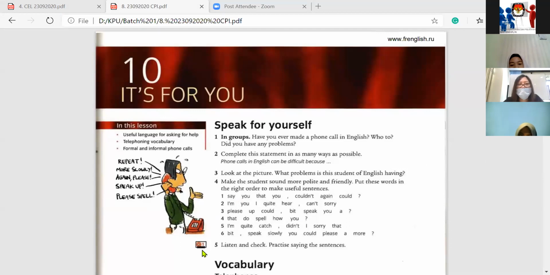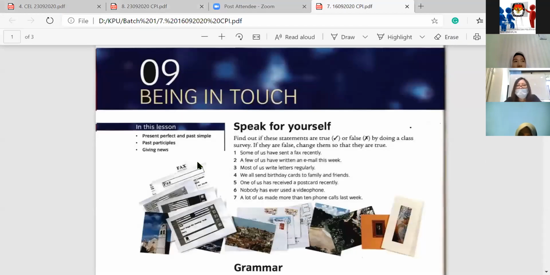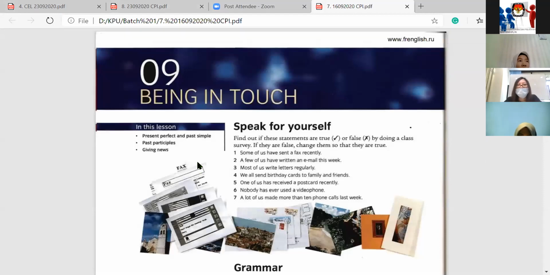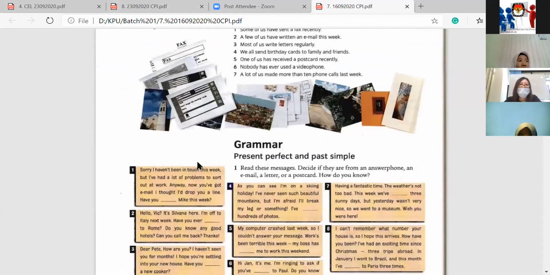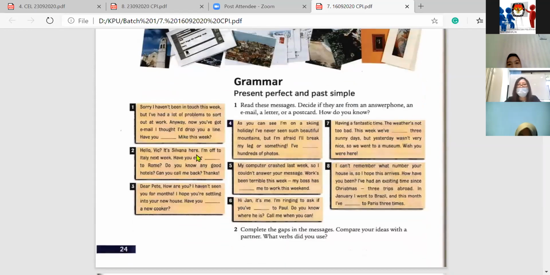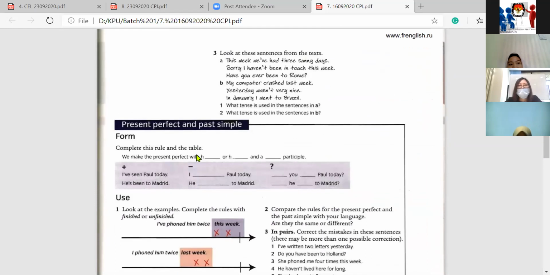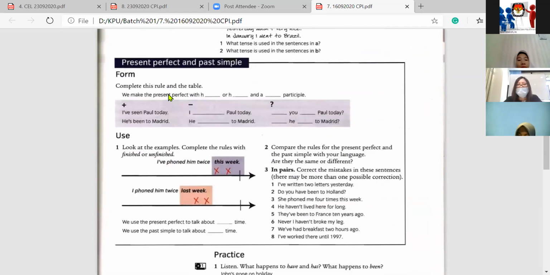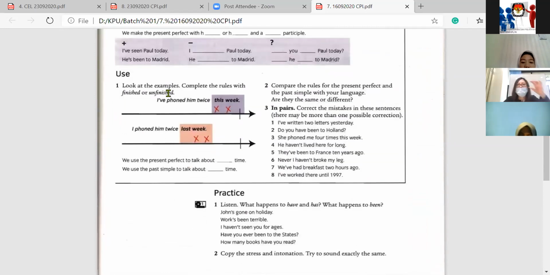Batch 1. So last week we studied about writing postcards and letters, all right? And we learned about present perfect and past simple. Any question regarding the 2 tenses?